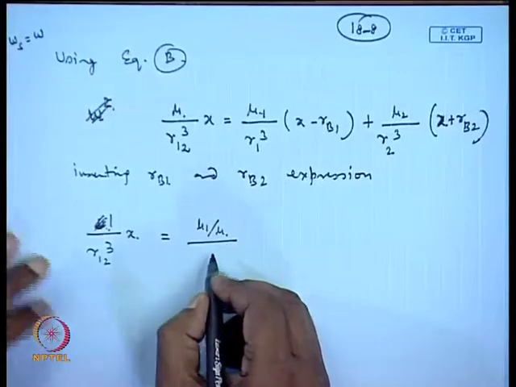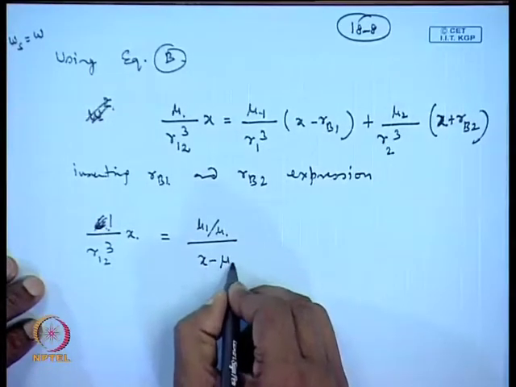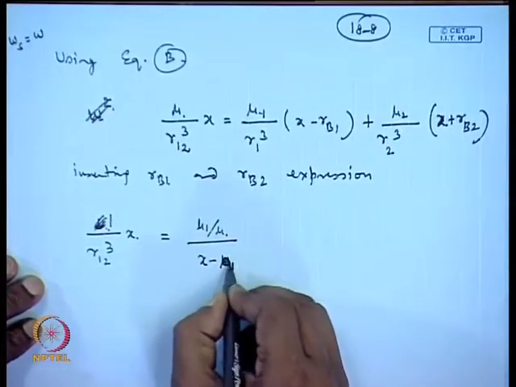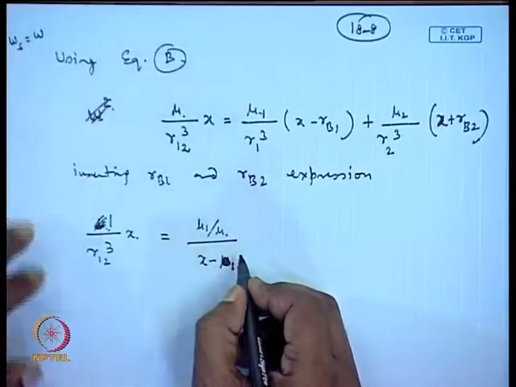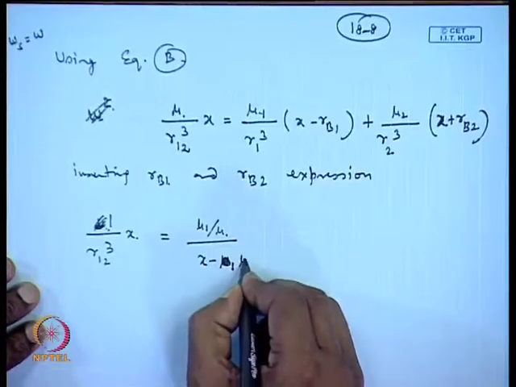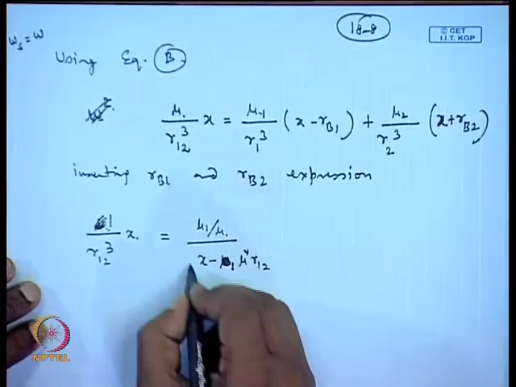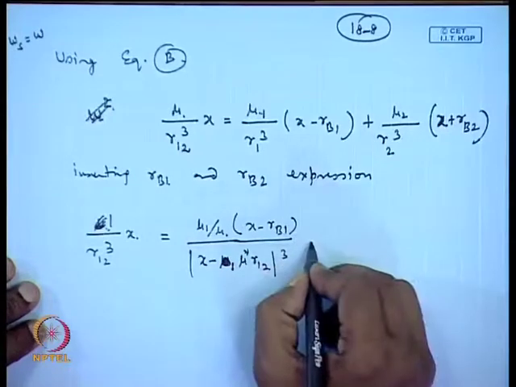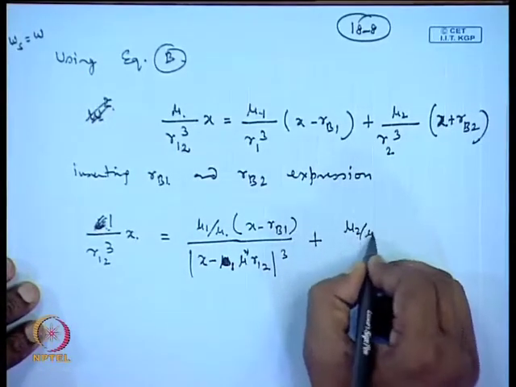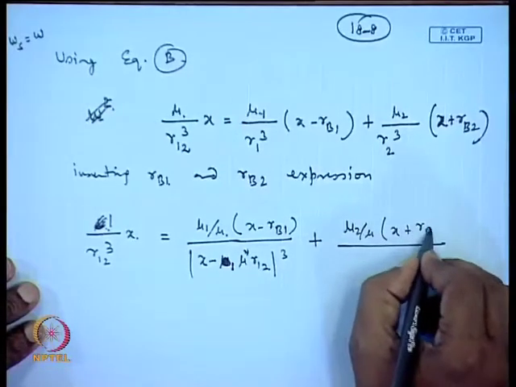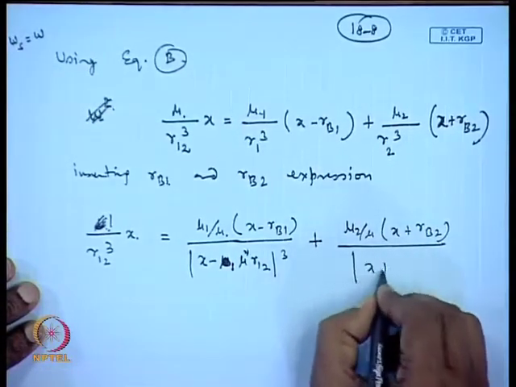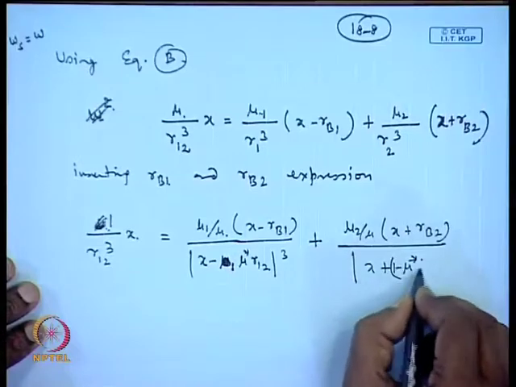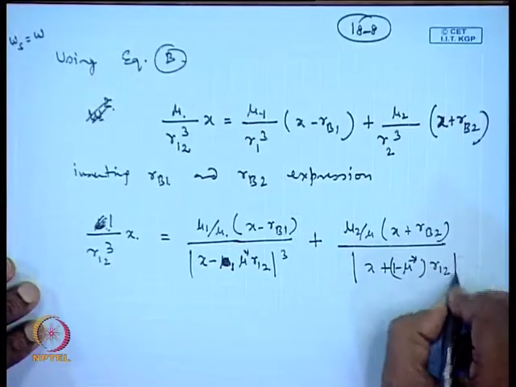And r1 cube is already written in terms of x minus Rb1, so x minus Rb1, where Rb1 we have written as mu star times r12, whole cube times x minus Rb1, and plus mu2 by mu times x plus Rb2 divided by x plus 1 minus mu star times r12 whole cube.